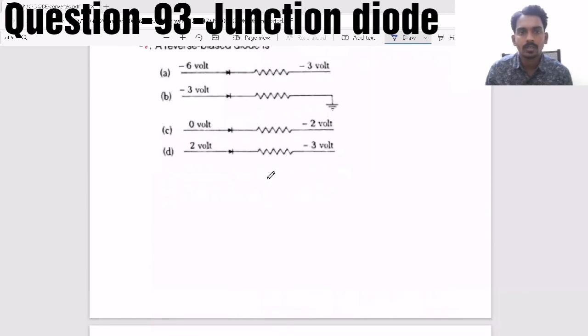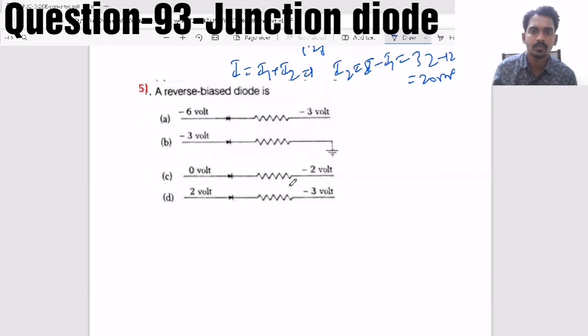Now one last and final question. See here, a reverse bias diode. So in here which one is reverse biased? See, minus 6, minus 3. Here minus 3, this is 0 volt and this is 0 volt and this is minus 2 volt.